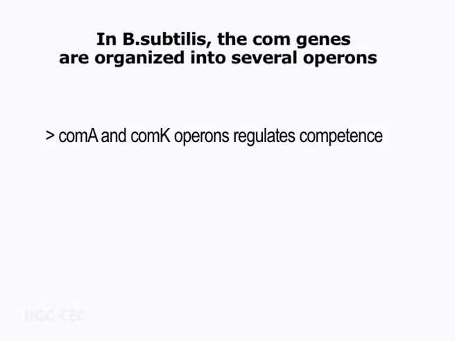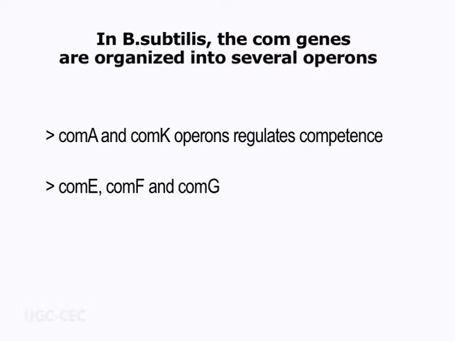To start with gram-positive bacteria, the model organism that we will be using is Bacillus subtilis. Herein, the genes responsible for the uptake of DNA are designated as COM genes, where COM stands for competence, or the ability to take up DNA. Broadly, there are two types of regulatory COM genes, COM-A and COM-K.